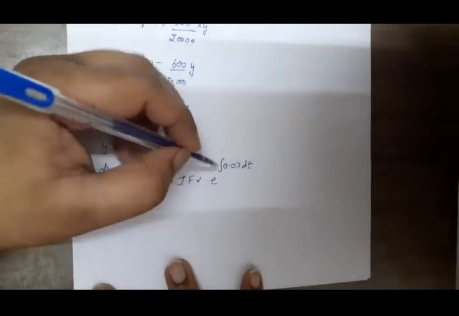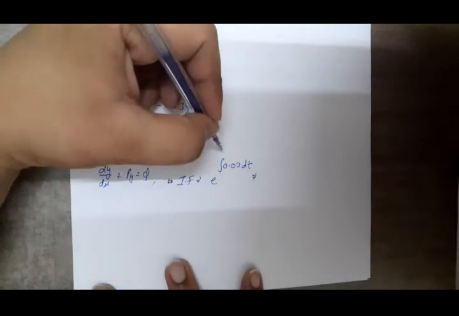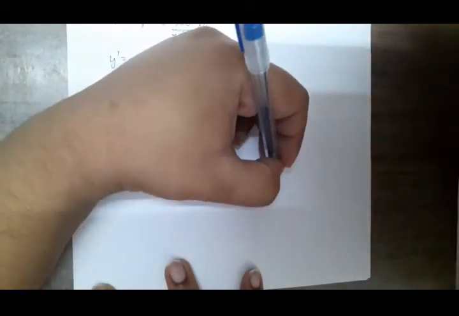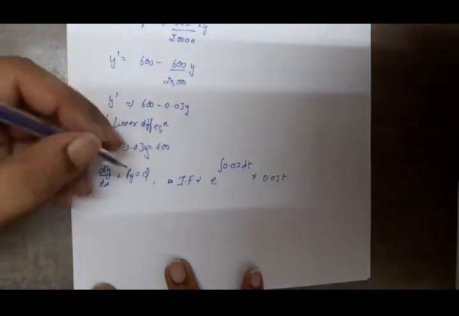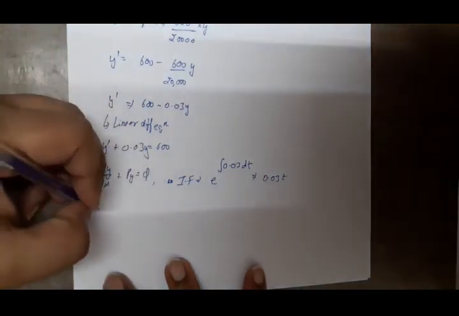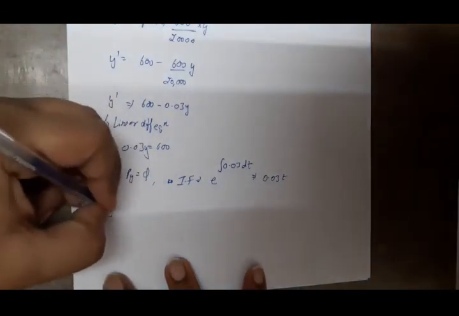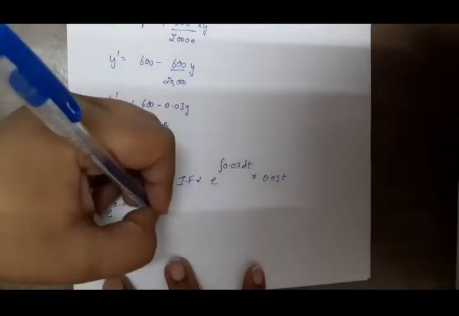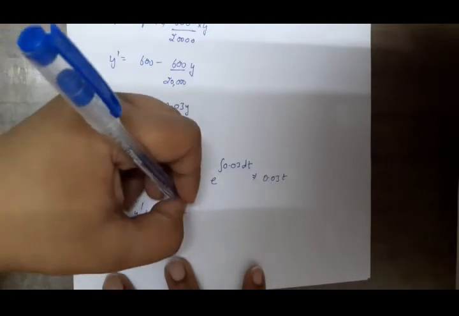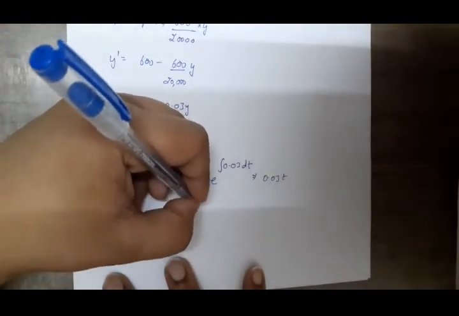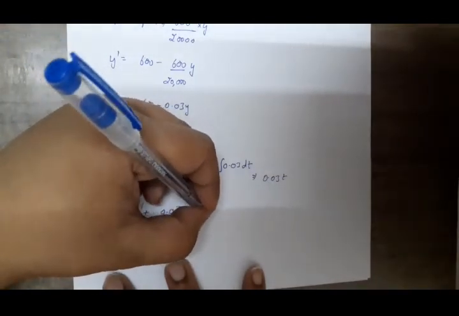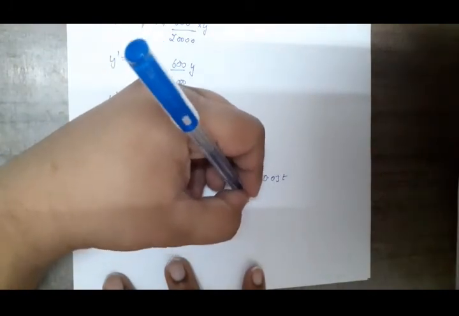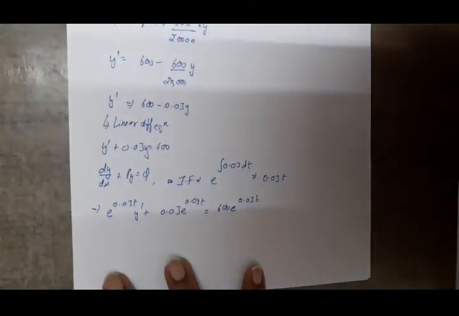Upon integrating, it becomes e to the power 0.03 t. Further solving, it would be e to the power 0.03 t y dash plus 0.03 e to the power 0.03 t y equals 600 e to the power 0.03 t.